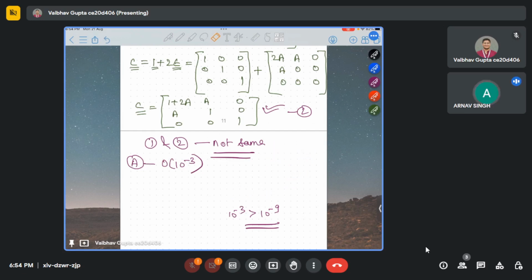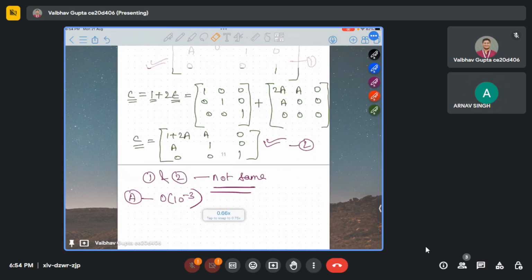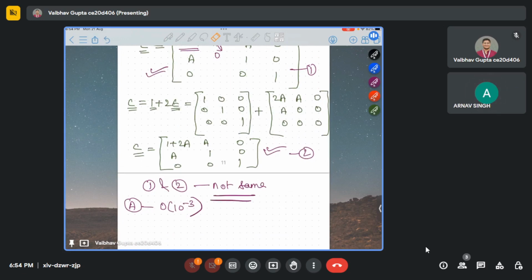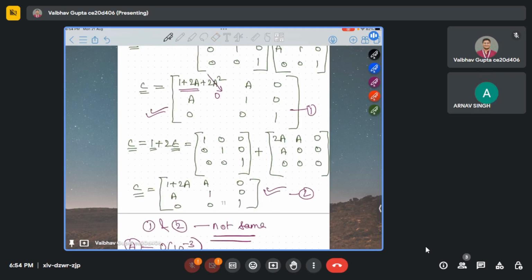See, the main point which I was telling you is that these two C equations, 1 and 2, were not the same as per our question. If I assume the value of A to be of the order of 10 to the power minus 3, a small value, then this A square term goes down to 0.